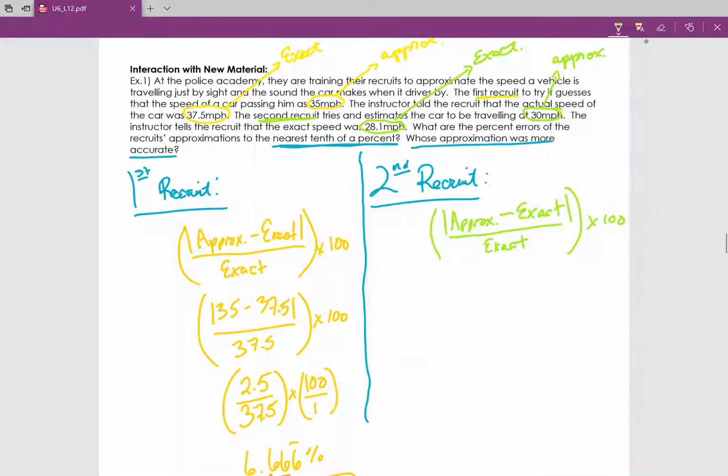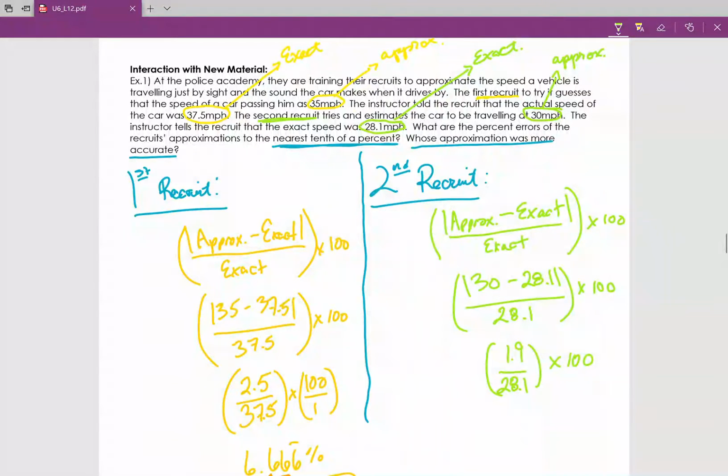And since we have it annotated, this is pretty easy to substitute. We have the absolute value of 30 minus 28.1 all over 28.1, and we're going to multiply that by 100. And when we subtract, we get 1.9, and the absolute value of that is just 1.9 over 28.1 times 100.